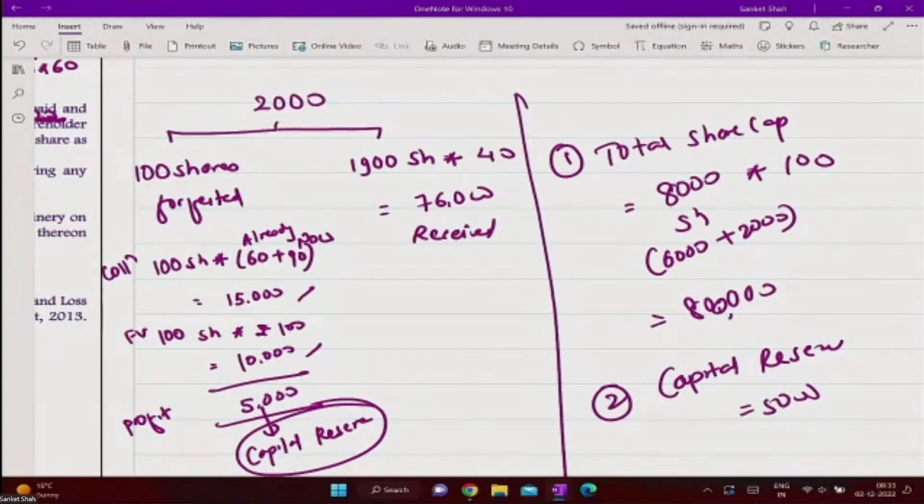Sorry, 8 lakhs, 8 lakhs. Total share capital is 8 lakhs, not 80,000. हाँ, अब्दुल भाई correct है. Yes, बेटा. Alok, 100 shares का excess balance has to be transferred to capital reserve. किधर ट्रांसफर करेंगे बेटा? कैपिटल रिजर्व में.